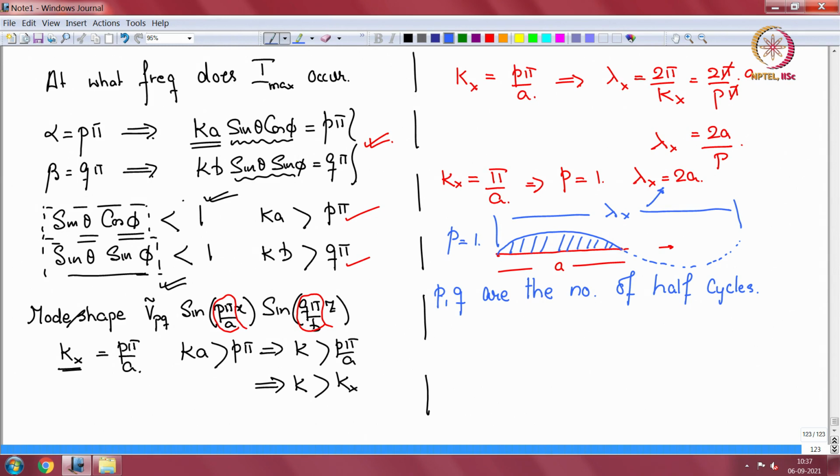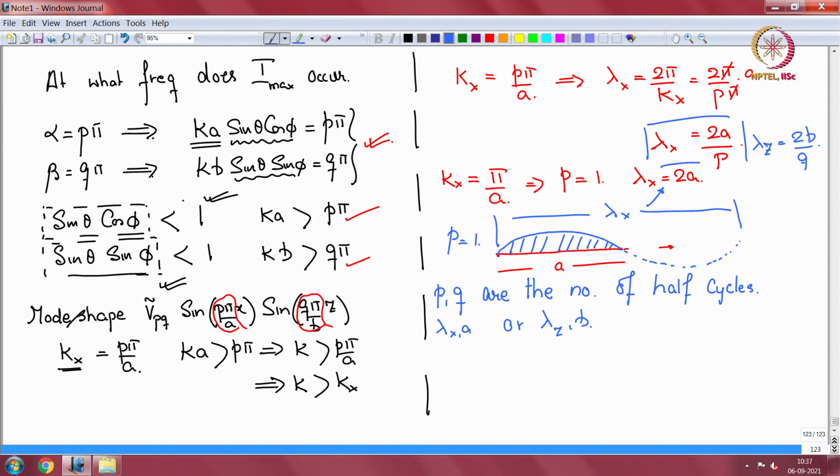Okay. So, that is how lambda x and a are related. Lambda x and a or lambda z and b are related.